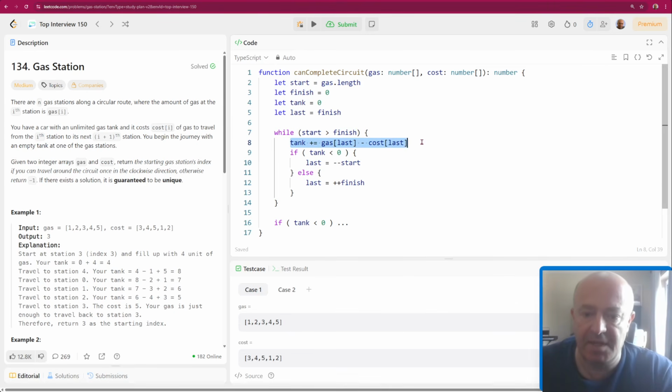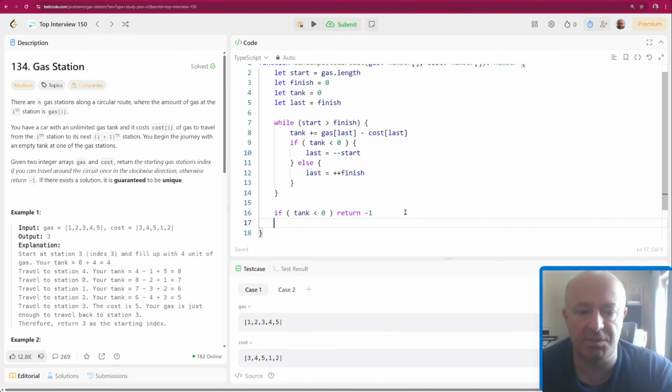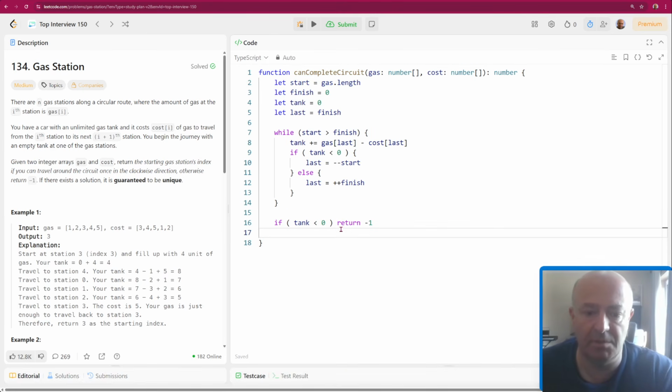And we calculated tank, and here we have to check, well, is this a negative number? If it's a negative number, then such a path does not exist. We cannot complete a full circle.